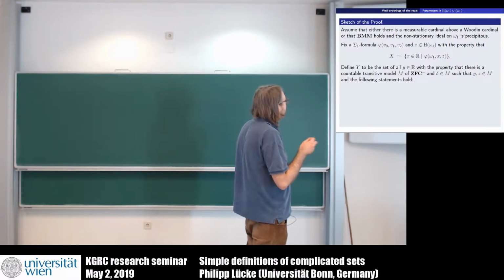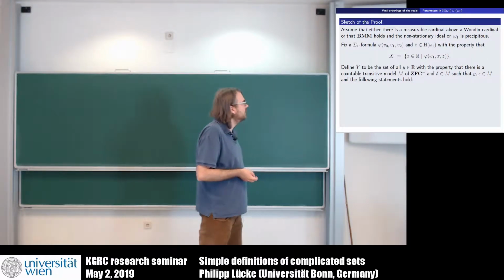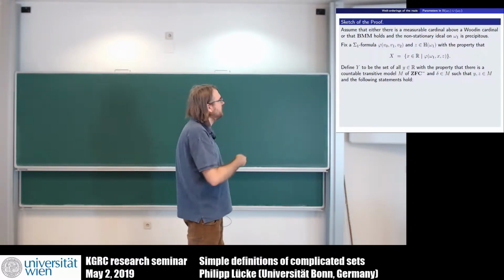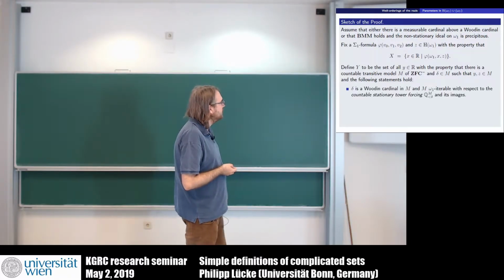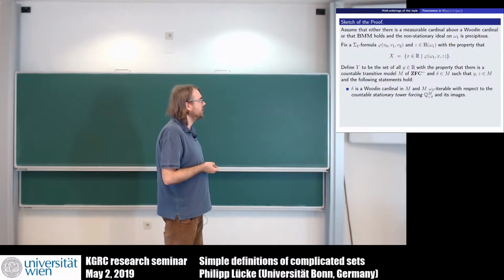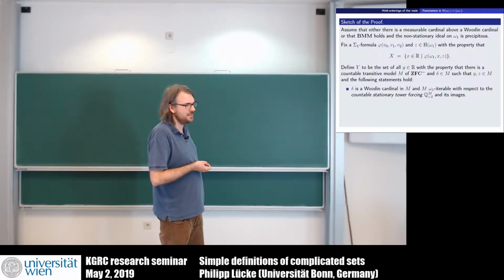We say that there is a countable transitive model of ZFC minus, and this model contains some delta, and it contains the relevant real and this parameter z. And this delta is a Woodin cardinal in there, and the model is omega 1 iterable with respect to the countable stationary tower forcing and its images.